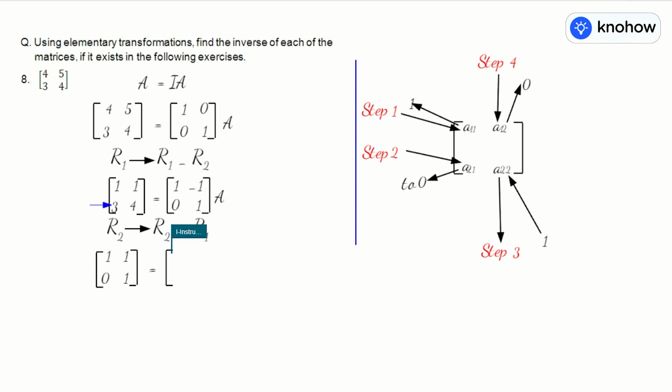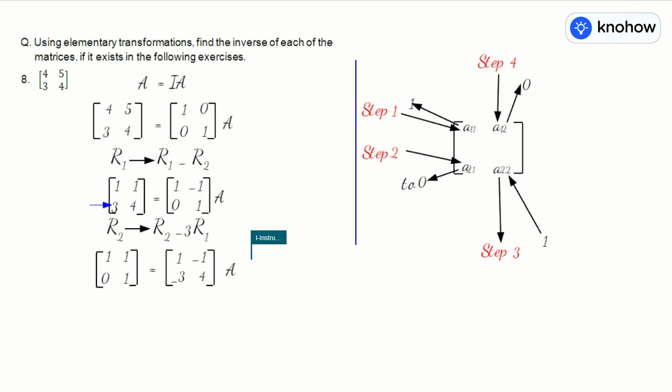Applying the same on the right hand side, keeping the first row the same, that is 1 minus 1 will remain the same, and 0 minus 3 times 1 will make it minus 3, and 1 minus minus 3 times 1 will make it 4. A you continue to write.